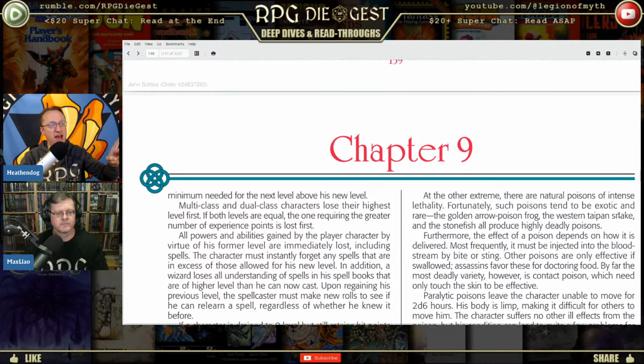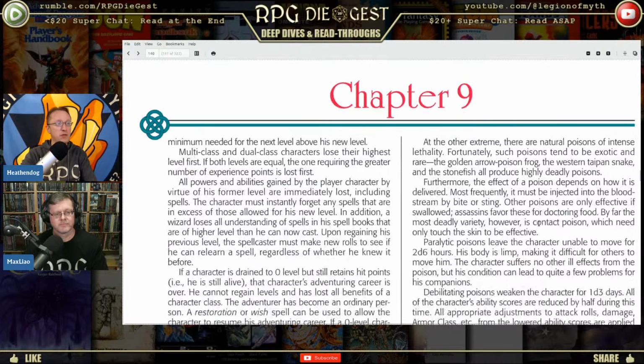On top of that, multi-class and dual class characters lose the highest level first. If both are equal, you lose the level of the thing that's hardest to get back, the one requiring the greater number of experience points to get back. That's just mean. I don't like it. That's just me.